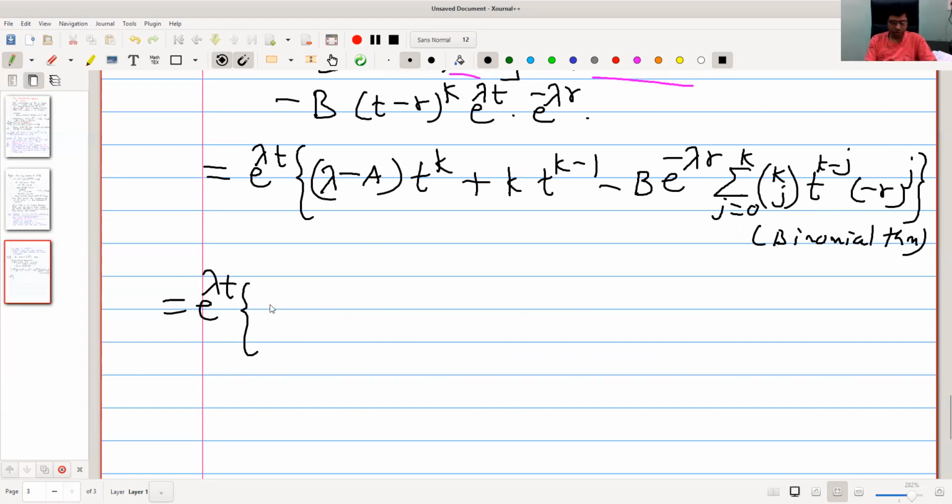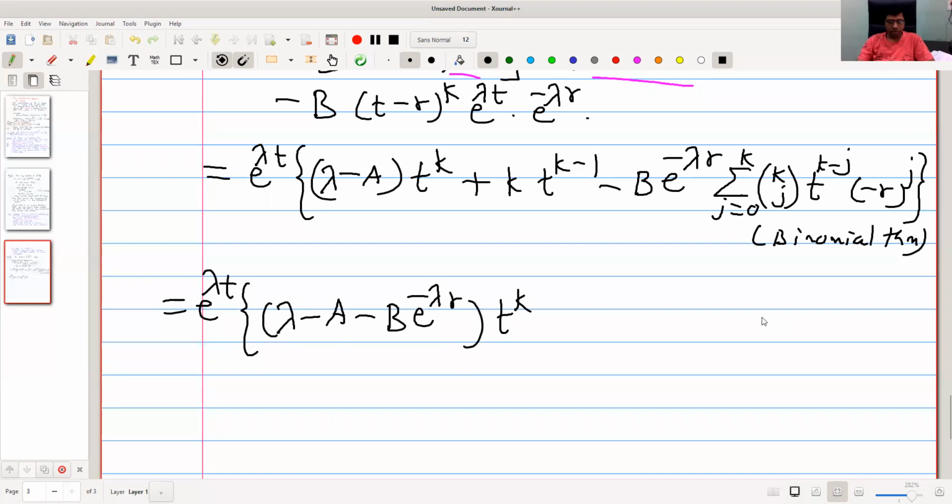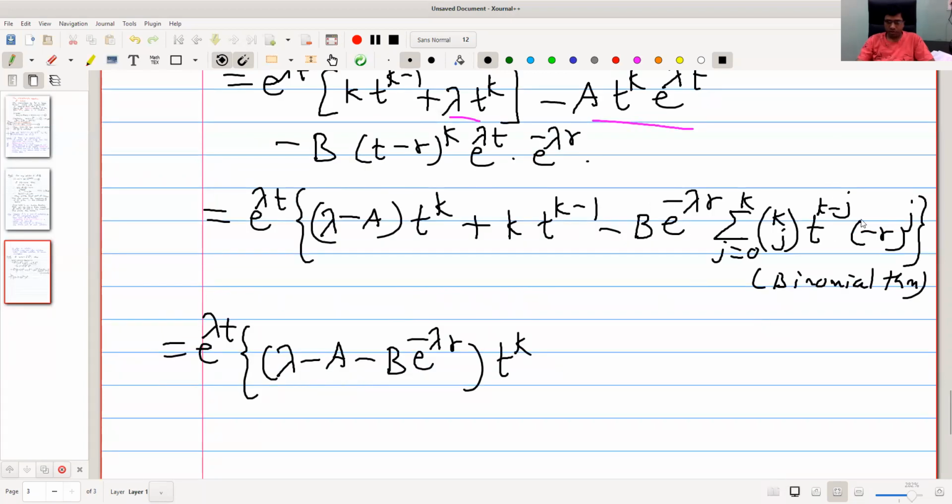So lambda minus a minus b e raised to minus lambda r into t raised to k. The term corresponding to z equal to 0 is combined with this.